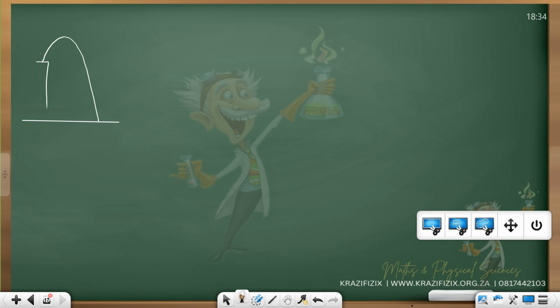The height here is 100 meters. Initial velocity is 12 meters per second. Please calculate the time it will take the object to reach the ground. Put your answers in the group once you are done.